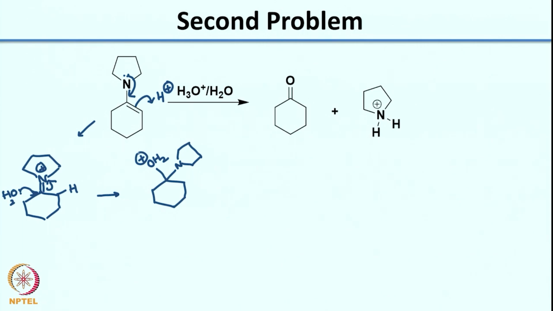So again you would be generating this tetrahedral intermediate. Now once you generate this intermediate, as I told you in the previous aldol mechanism, you can do a proton transfer. So what you would end up getting would be this.